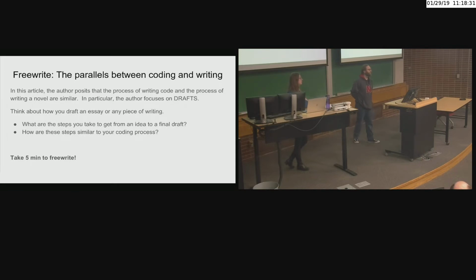So the point here is, when we do some exercises today, the exercises are really useful in moving from that idea to the final draft. They're exercises to help you along those steps along the way. And based on what you all have said, writing sounds really similar to coding. So I think a lot of these steps are going to be transferable.